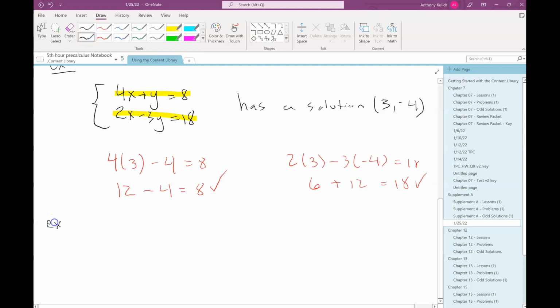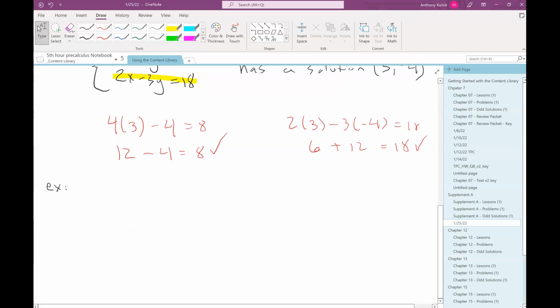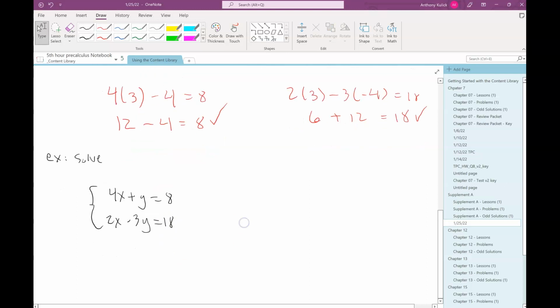So let's say that we wanted to do that. Let's just take this same system here, and say now we wanted to solve this by graphing. So the first thing I'm going to do is rewrite my equations so that they're in slope-intercept form.